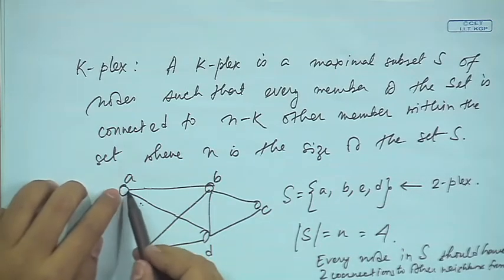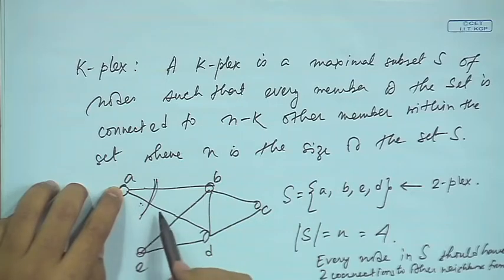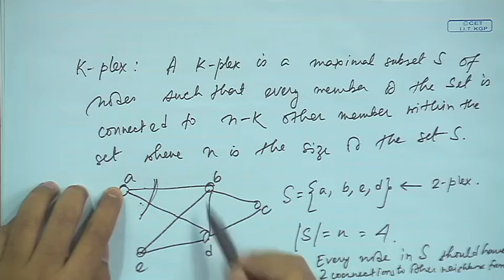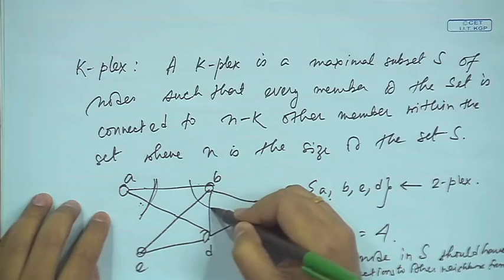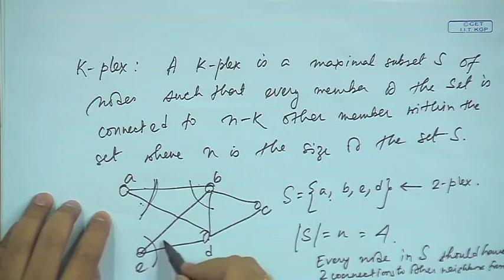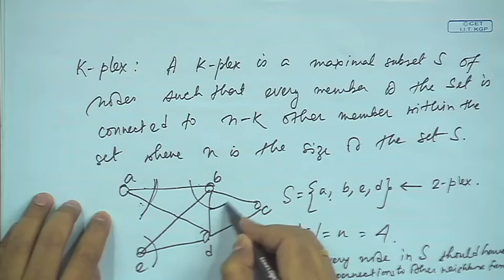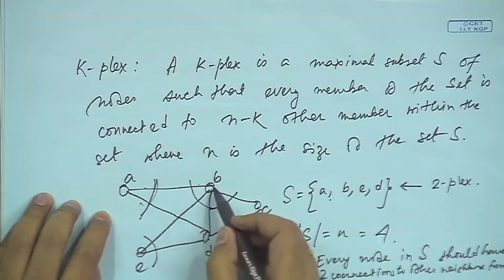Take this graph. A has degree 2, and both of its connections are to 2 other members from the same set S. Every node has to have at least 2 connections. Let us say B has 3 connections, all 3 are in this set of A, B, E, D. E has 2 connections, all 2 of them are with, sorry, A has 4 connections, I am a bit mistaken. However, at least out of these 4 there are at least 3 which are from this set.